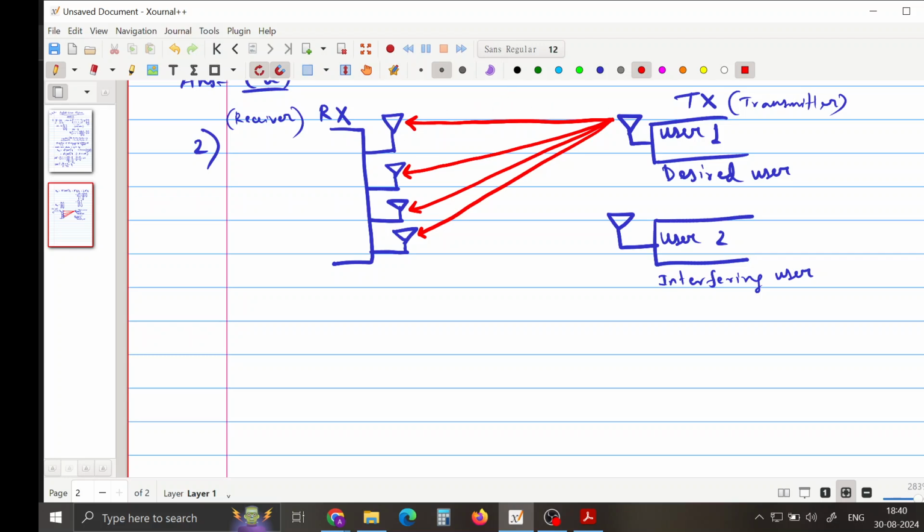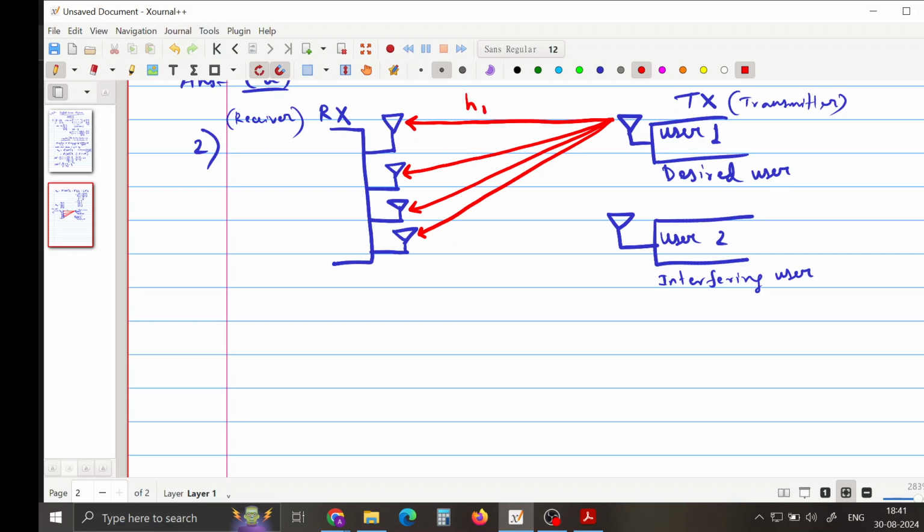You can think of each link as some channel. Let's say the entire space between the transmitter and receiver is a channel, but these are some elements of the channel, which will be the elements of the channel vector, as you will see. So the first link forms the first channel coefficient between the user 1's antenna and the first receiving antenna. So this is my H1.